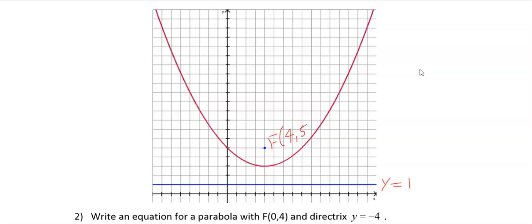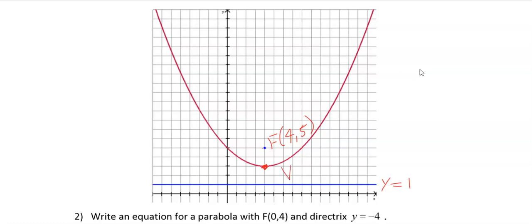Remember now that the vertex of your parabola is always halfway between the focus and the directrix. If you look carefully, you can see that it should be about right there, right at the very bottom of this parabola.